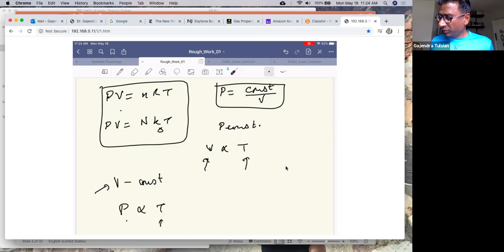So you double the temperature, the pressure doubles. With all these laws, we could finally put together the ideal gas law. That's how the ideal gas law came about.